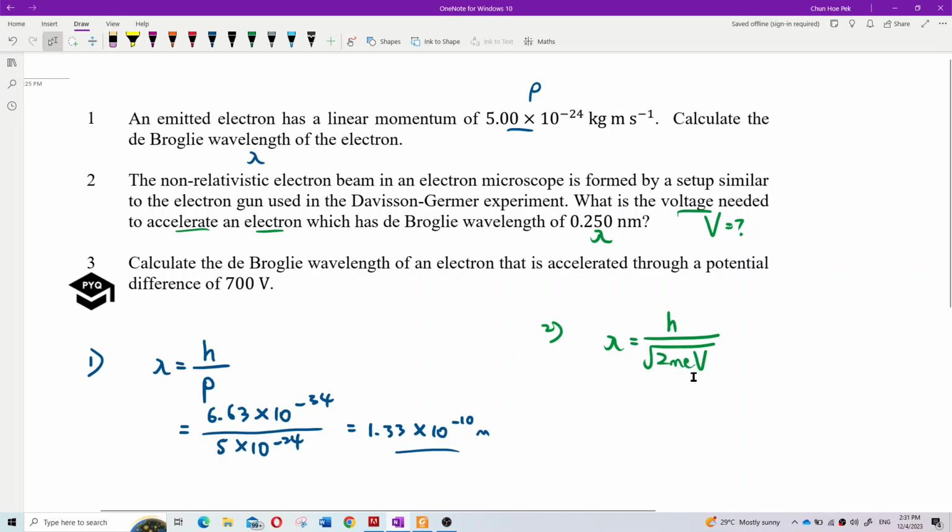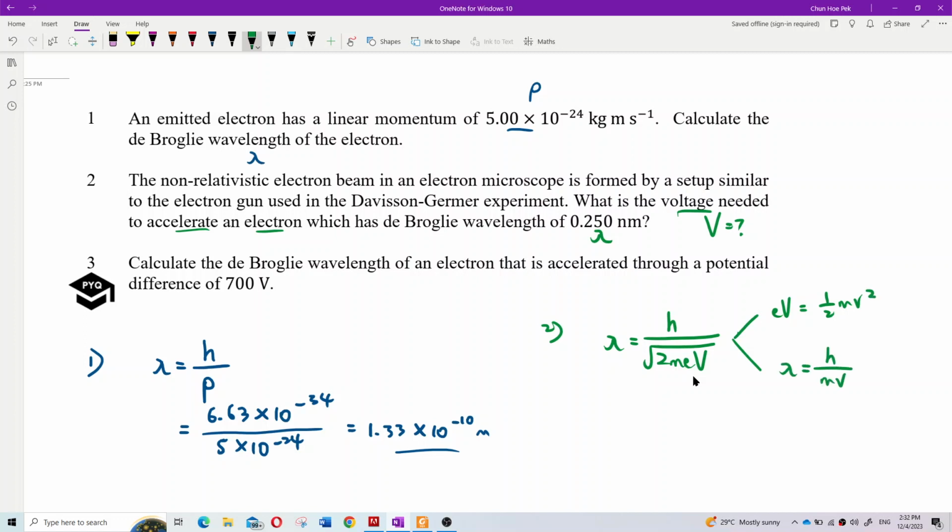Actually, this formula is derived from eV = ½mv², and λ = h over mv. If you want, you can use these two formulas too.